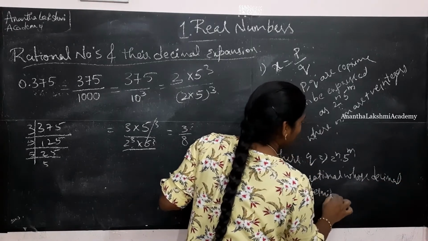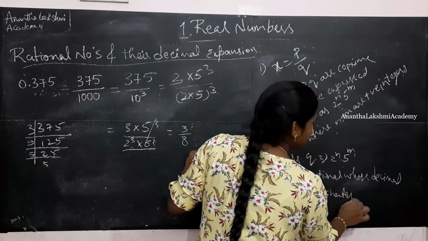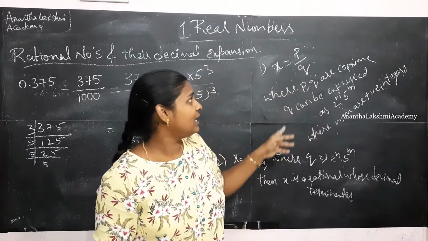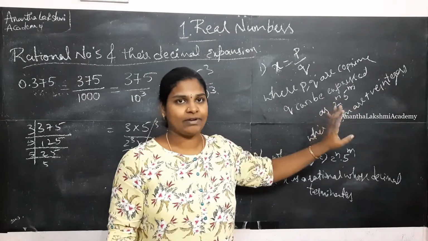It is all about the termination of the decimal and the denominator being written in the form of 2 power n and 5 power m.